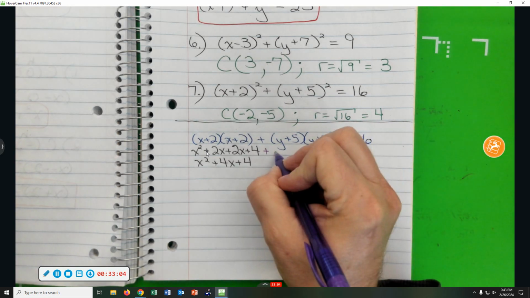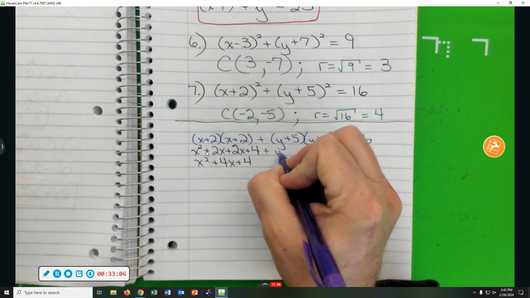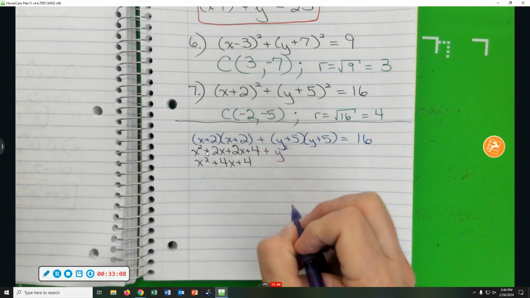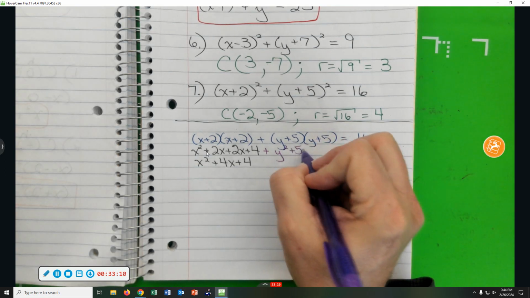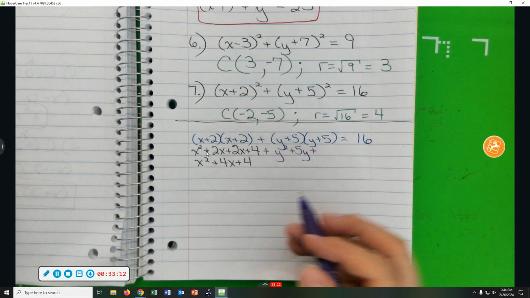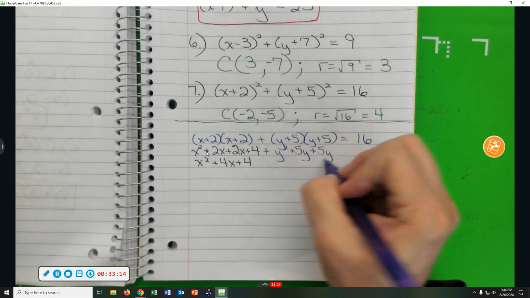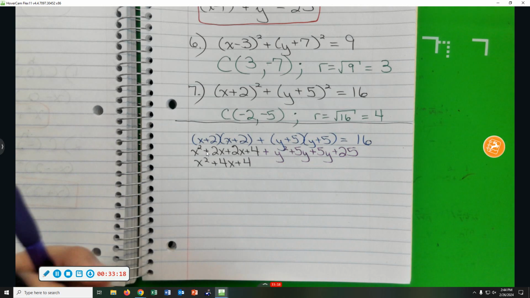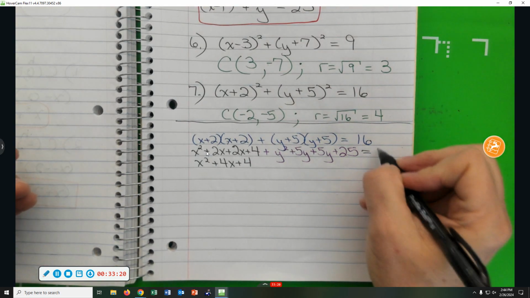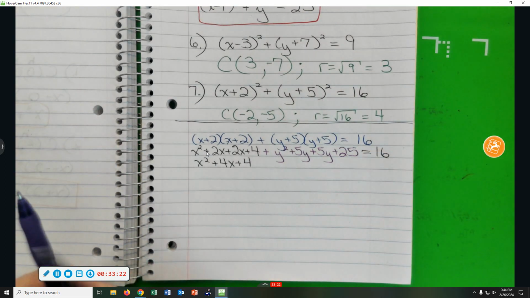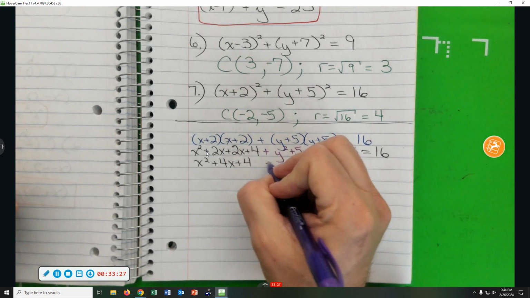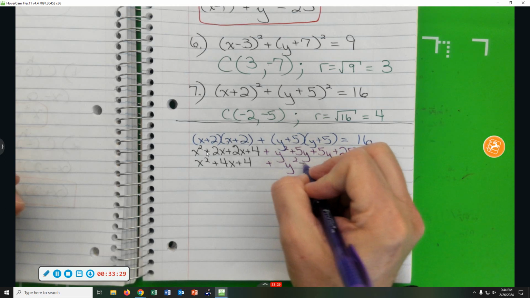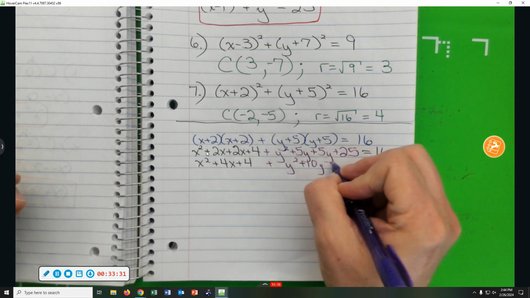First, y squared. Outer, 5y. Inner, another 5y. Last, 25. And here we can combine the 5y plus 5y. That'll give us a plus 10y.